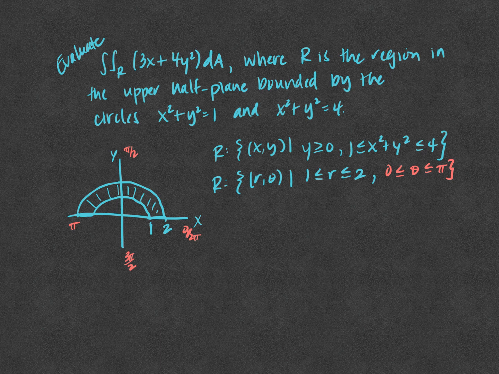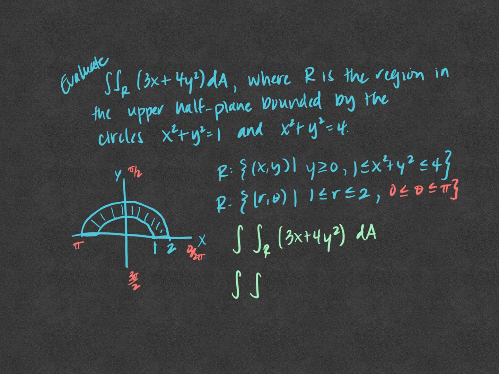So now let's build the double integral. We're integrating 3x plus 4y squared. That would be our rectangular version. Now we want to turn it into polar. Let me pull this down just a little bit.